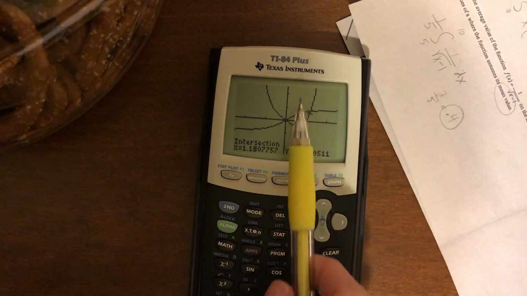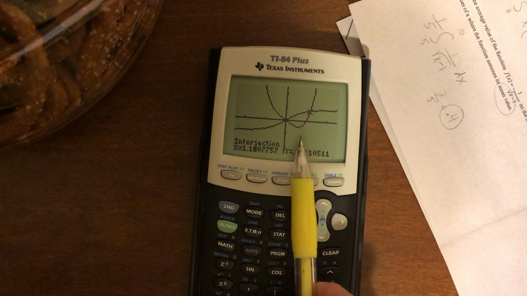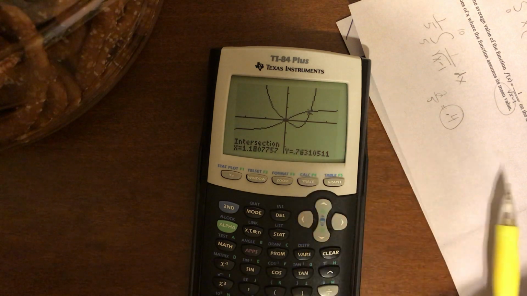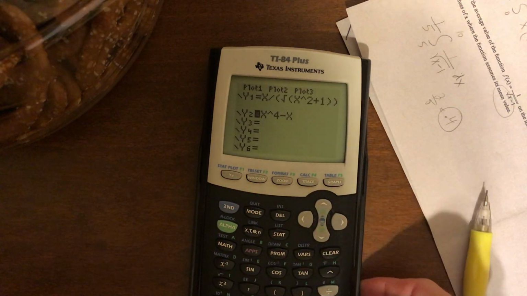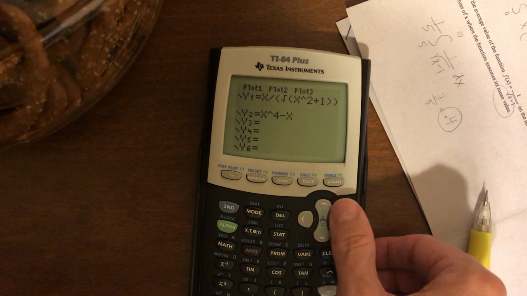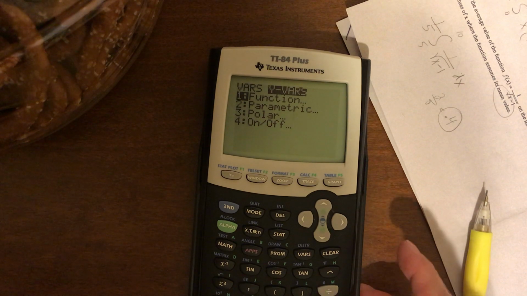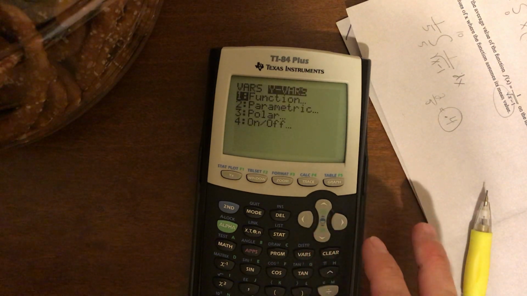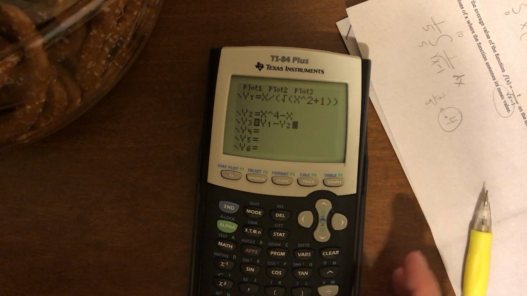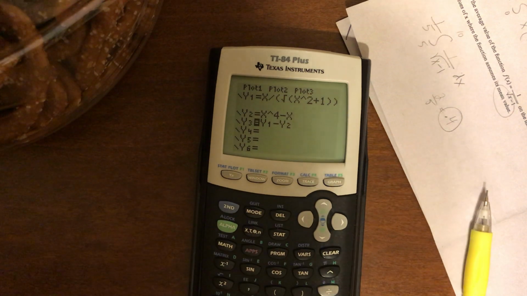So now that I have my limits of integration, 0 and the 1.18, I can integrate this top minus bottom. That's my y1 minus my y2. I can turn those off. I can go down to my y3. I can go vars, y vars, function, y1 minus vars, y vars, function, y2, so I don't have to type the whole thing in again. I've got my top minus my bottom.